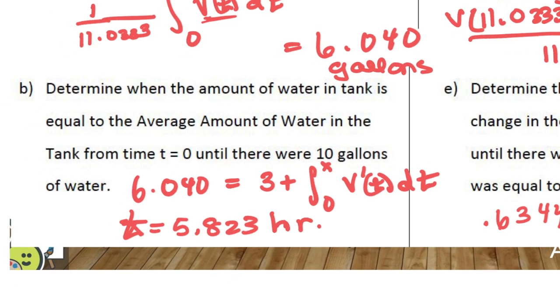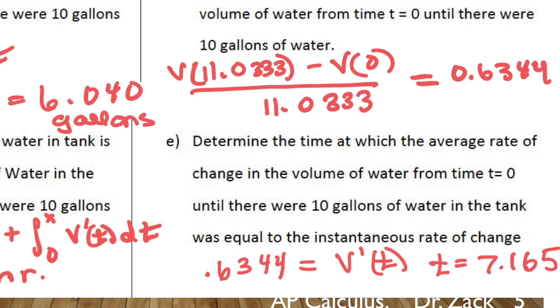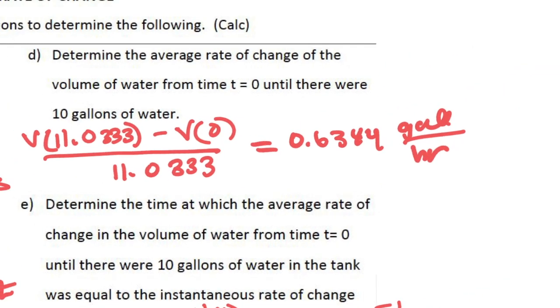Question B, we want to know when the average rate is equal to the average amount of water. So for that one, we can take the amount equation and set it equal to 6.040. Question D, we're looking for average rate of change of the volume.